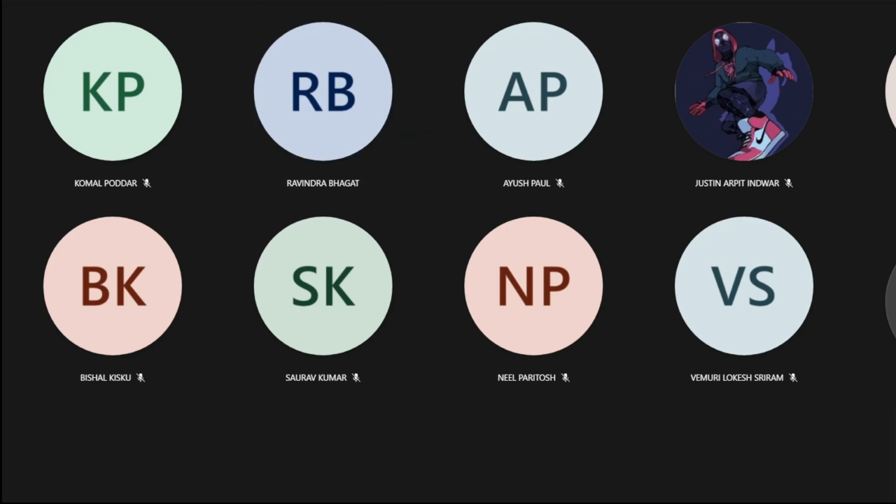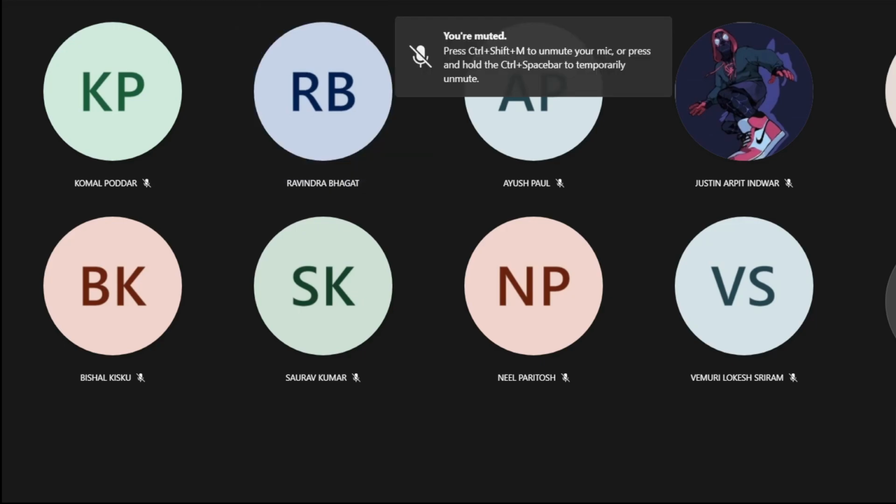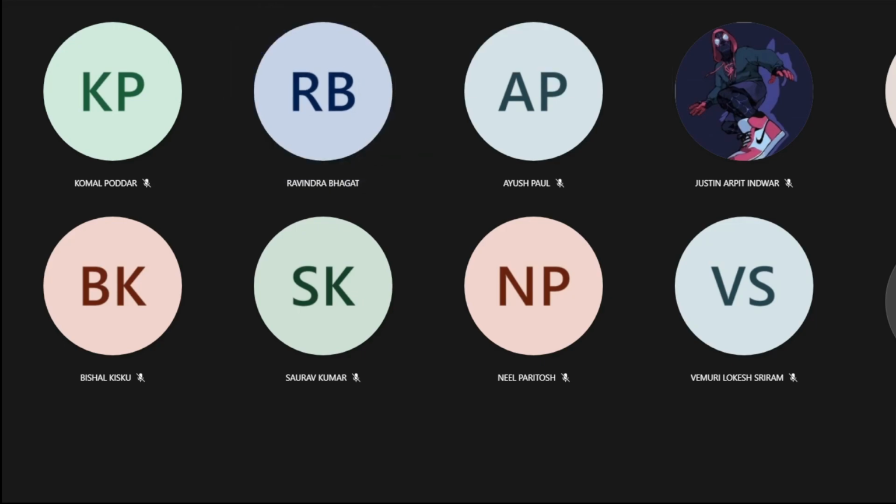So, you know, the largest number of MPs come from which state? Anybody? Ankush? Vishal?